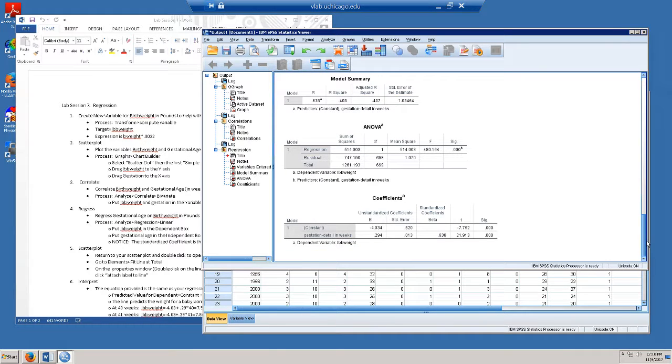Okay, so if we go down to our coefficients, we see that we have a beta coefficient of positive 0.29. So the interpretation of that is for every increase in 1 week of gestation, that's associated with a 0.29 pound increase in birth weight.